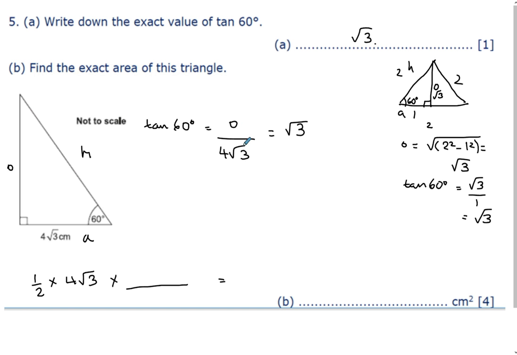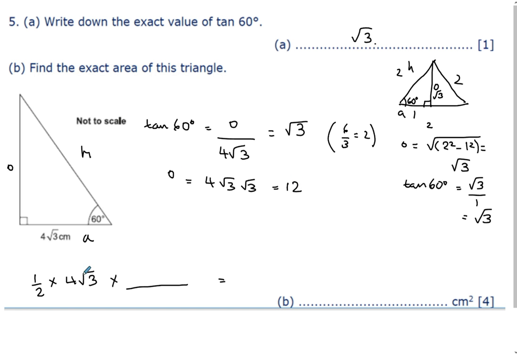So again, with my Faz format of 6 divided by 3 equals 2, we can cross multiply. So O equals 4 surd 3 times surd 3. You know a surd times itself gives you the number, so surd 3 times surd 3 is 3, and then 3 times 4 is 12.